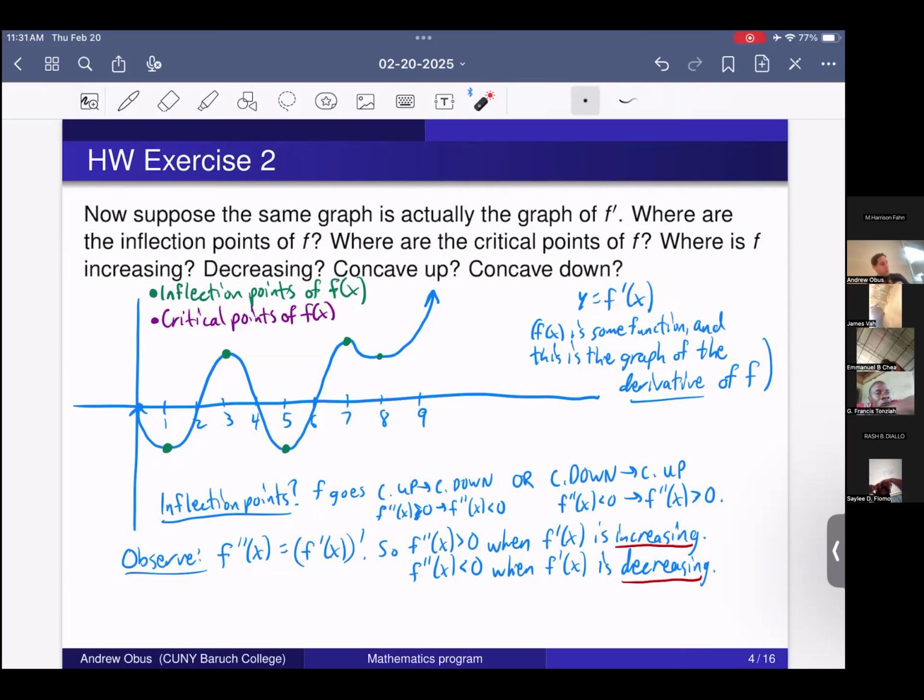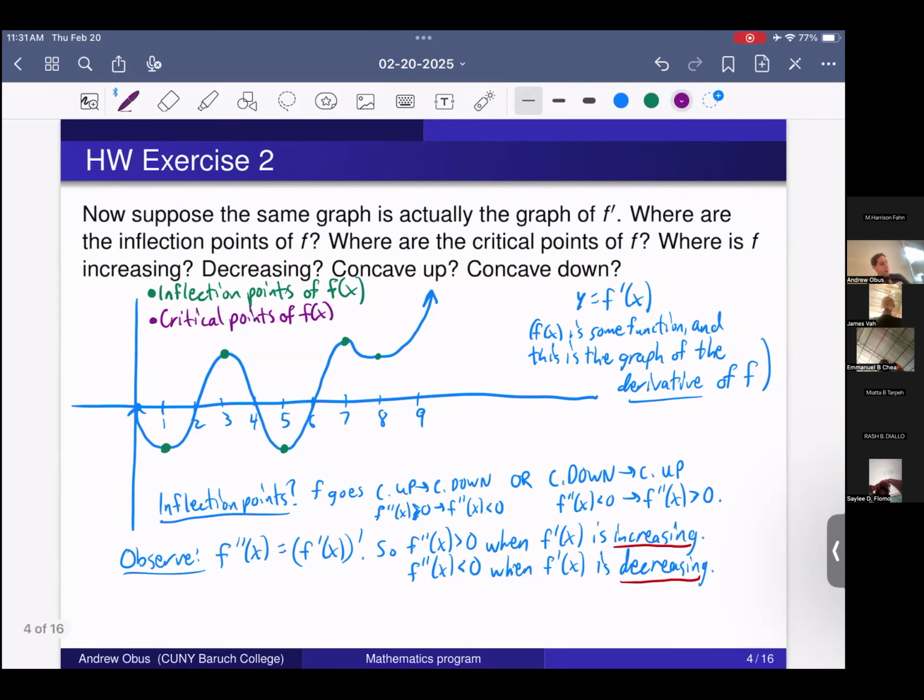Since this graph shows the derivative of f, we just have to check where it's equal to 0. Any point where f prime is equal to 0, so where it passes through the x-axis, those purple points are the critical points of f.